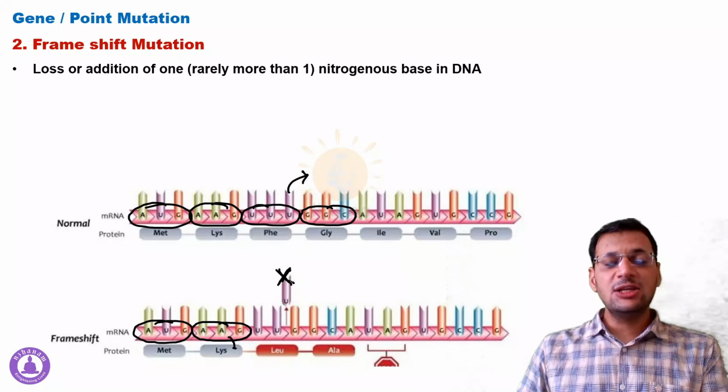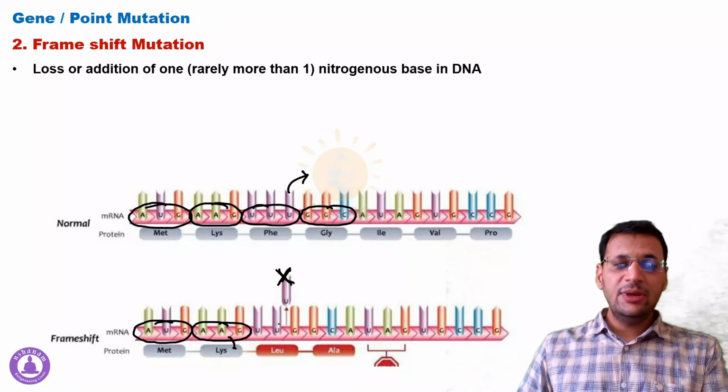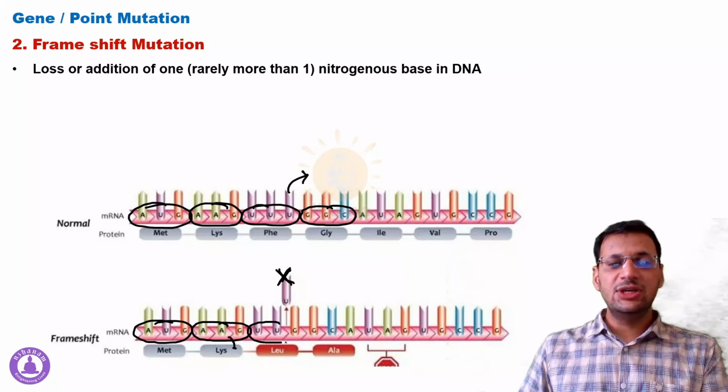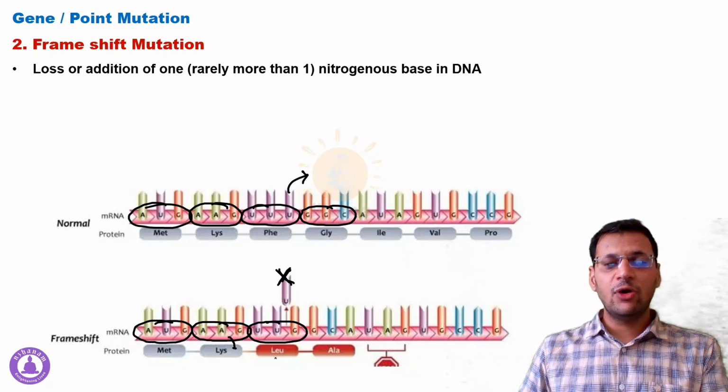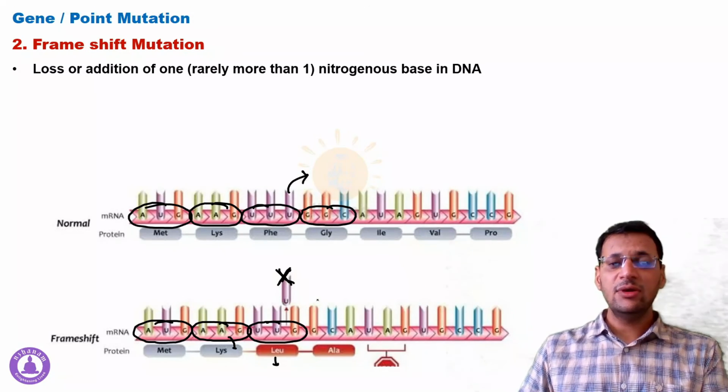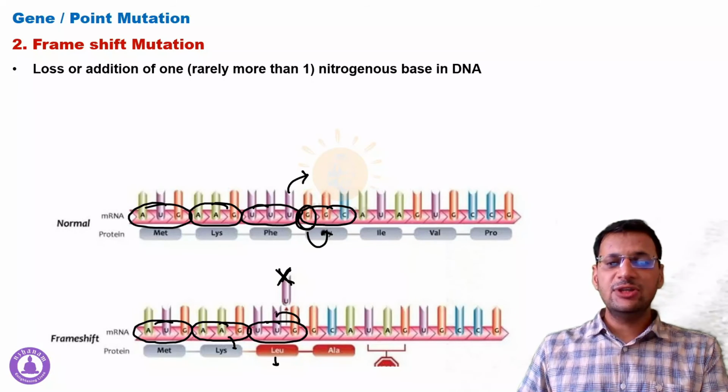So in the translation process, this would be read as UUG in place of UUU, and this would code for leucine. Earlier this G was a part of this codon. Now this G is part of this codon.